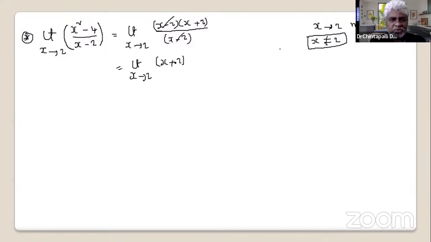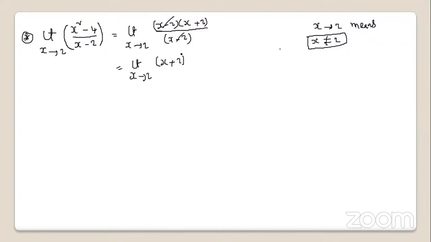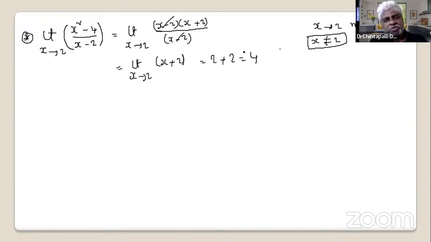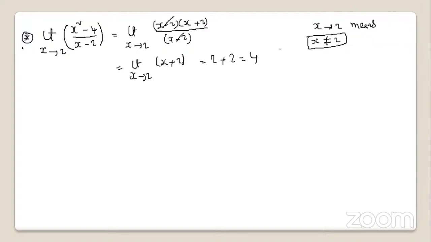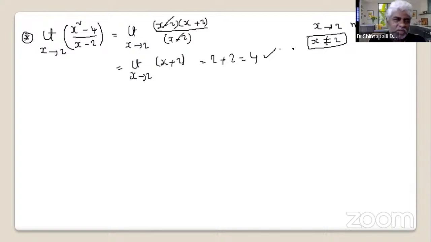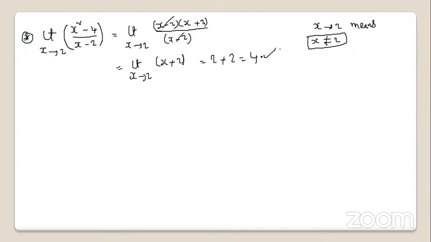Now plug in x equal to 2: 2 plus 2, 4, sir. That's why Desmos shows f of x is 4 at x equal to 2. Got it? Here the solution is also completed. Limit as x tends to 2 of (x square minus 4) by (x minus 2) is, finally, 4 only, right? Yes. There is no mistake in it.